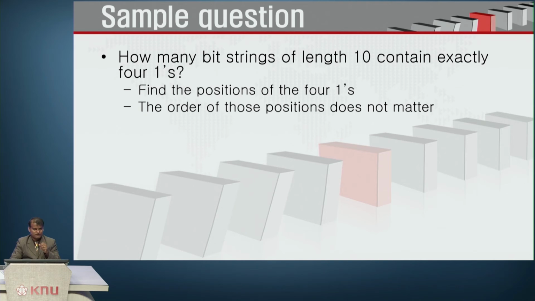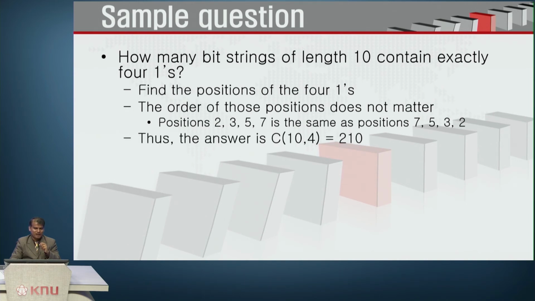So positions 2, 3, 5, 7 are the same as positions 5, 7, 3, 2. Remember, this is a string of length 10, and among it I want exactly 4 ones. So that is C(10, 4), which is 210.